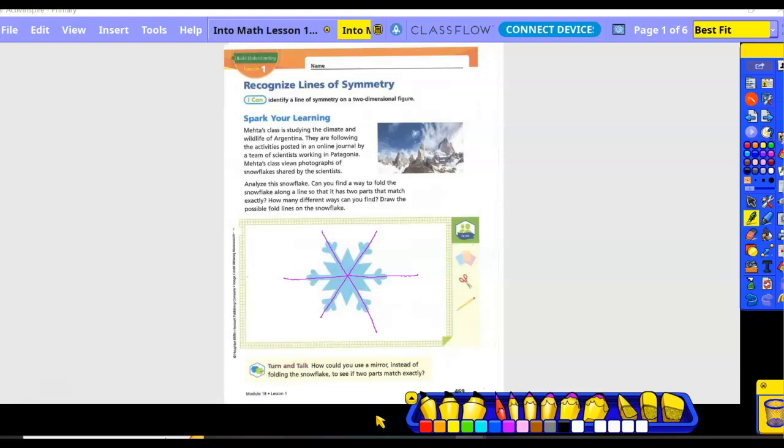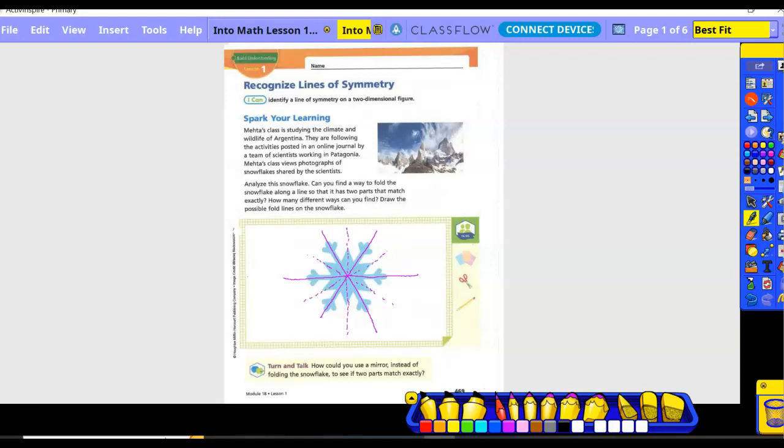Is there anywhere else that I could create a line of symmetry with this snowflake? Where else? At the points or the triangles? Okay, so I could also do a line of symmetry here as well, right? Like I said, hopefully your lines are more straight than mine because you're using a ruler. All right, can I also go to the other point right here? Okay, and then can I go to the other point? Yes.